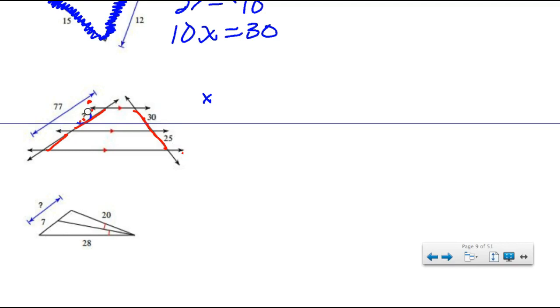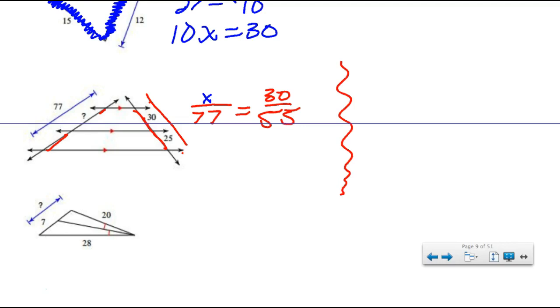So I'm going to go with x is to 77 as 30 is to, what's this whole way? 55. That's legal. And just to show you, I'm going to set up another one over here because I want to make sure you're clear on what you can and cannot do.